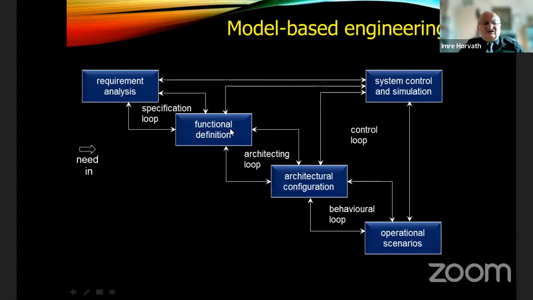You may change the requirements, the functional definition and specification, the architectural configuration, even the operational scenario. And this is what is called, in the scenario of model-based engineering, a control loop.